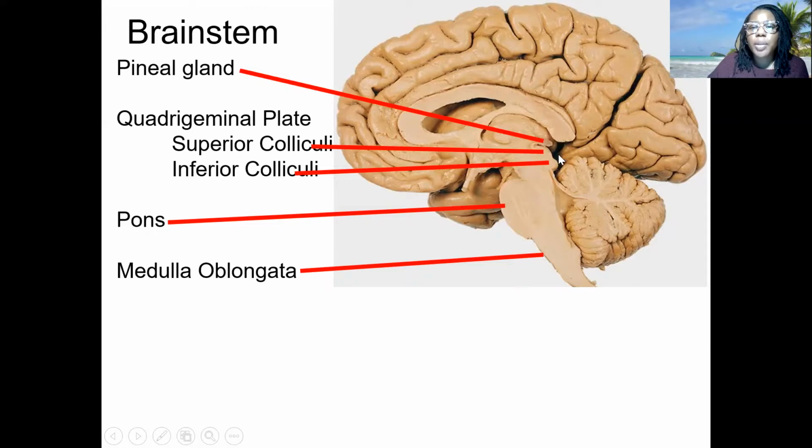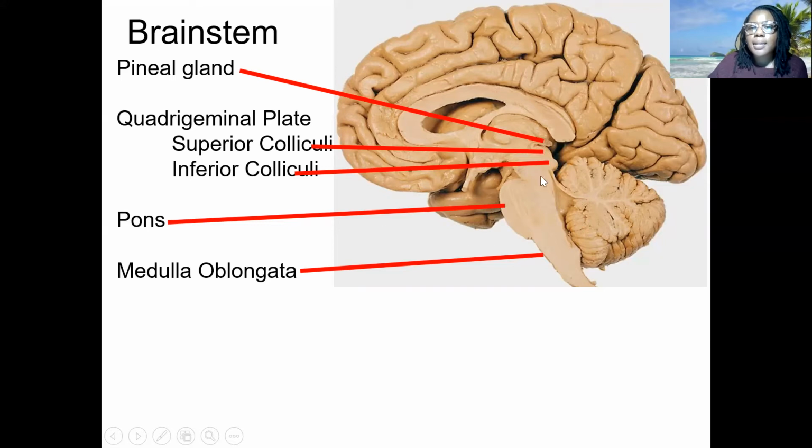On top, we have the superior colliculi, which is responsible for processing of visual information. And then on the bottom, we have the inferior colliculi, which is responsible for processing of auditory information. So these structures together form the quadrigeminal plate or the tectal plate.